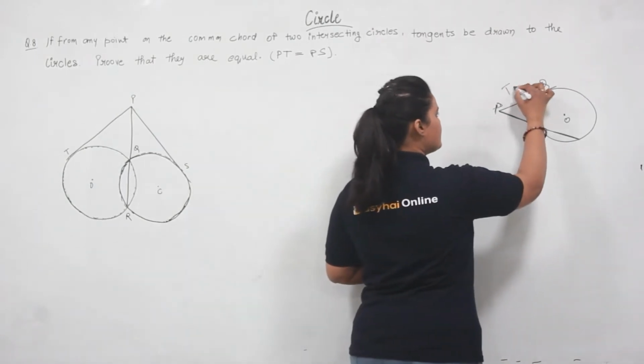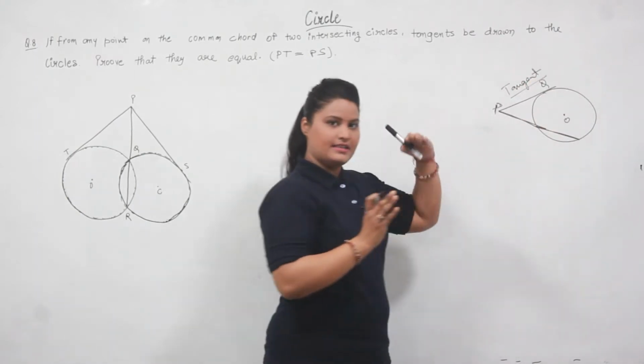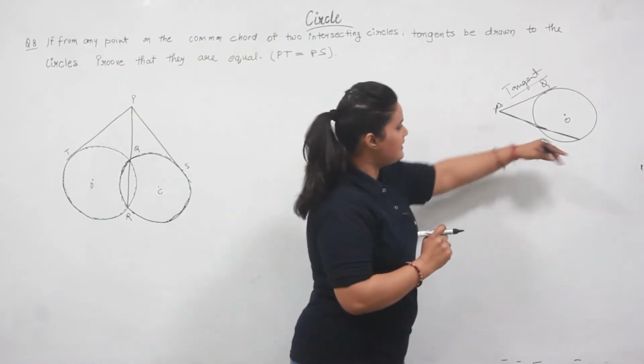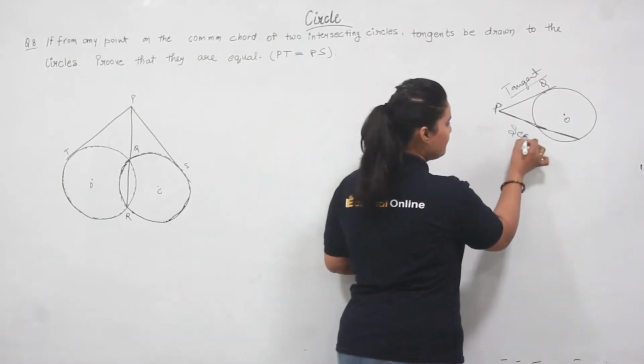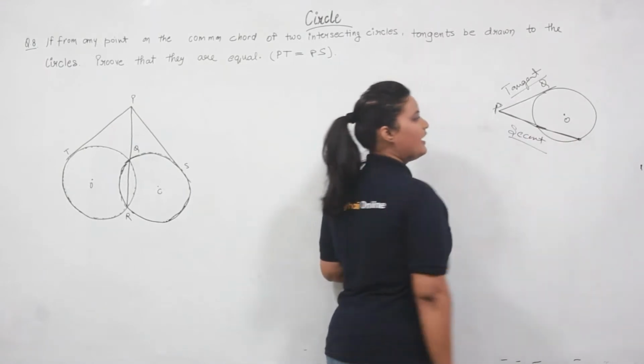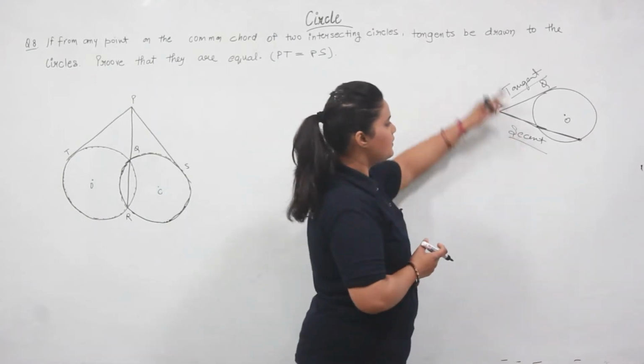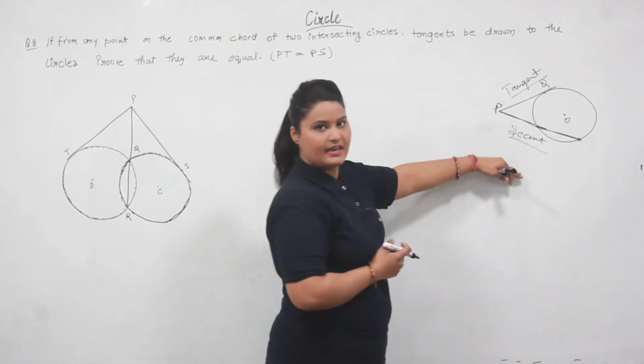This was my tangent, because it is not coming inside the circle, and this is my secant, because it is cutting the circle at 2 points.